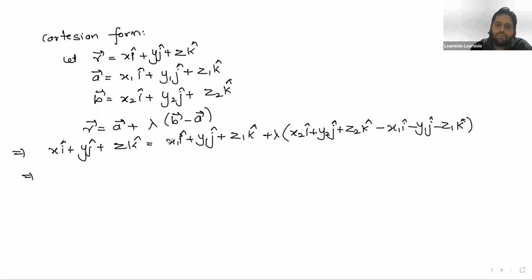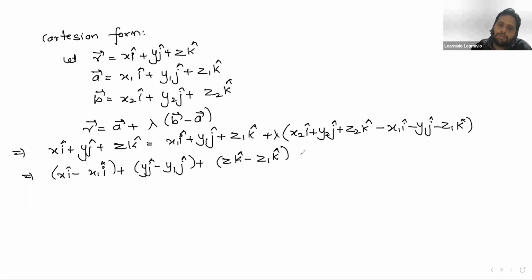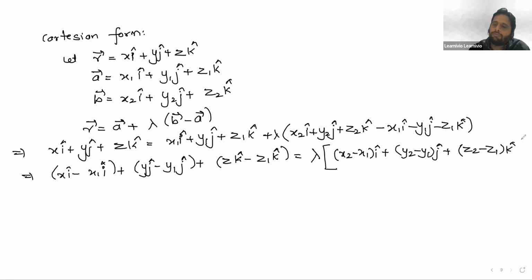Shift x1 here, so (x minus x1) i cap plus (y minus y1) j cap plus (z minus z1) k cap is equal to lambda times: (x2 minus x1) i cap, (y2 minus y1) j cap, (z2 minus z1) k cap.